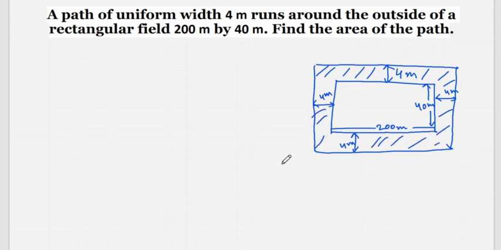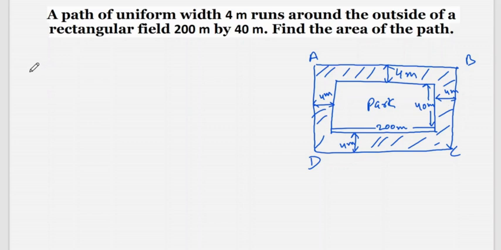So during derivation we have seen that we can easily find the area of, suppose I name the rectangle ABCD, find the area of the outer rectangle, subtract the area of the park, and you will get the area of this path. But I am going to use the formula directly.